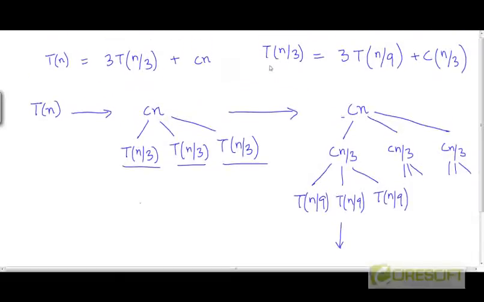So T(n/9) is equal to, replacing n by n/9 on both sides, 3 times T((n/9)/3), which is n/27, plus c·n/9.